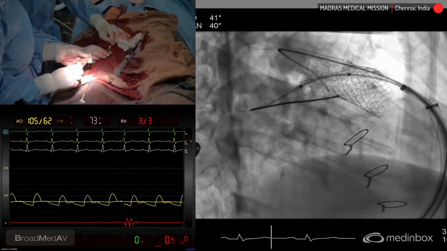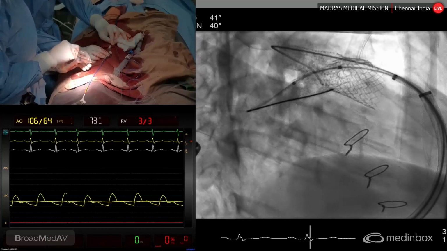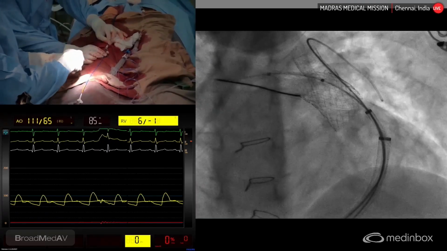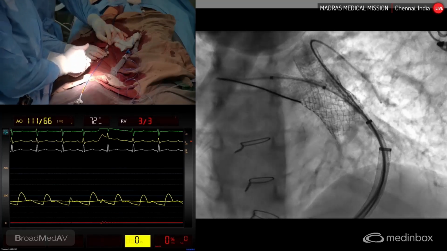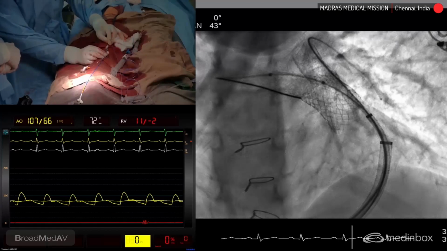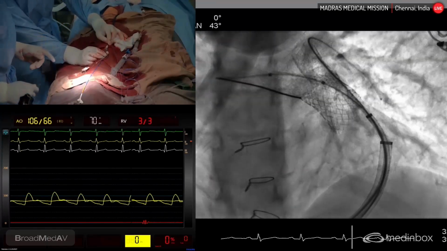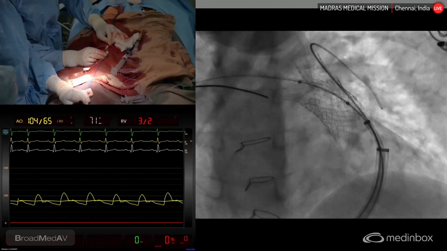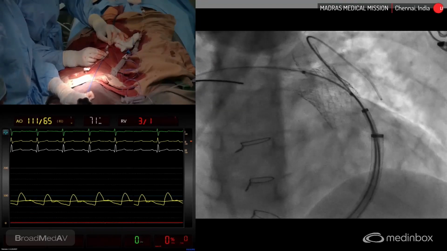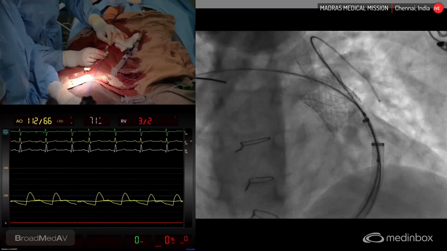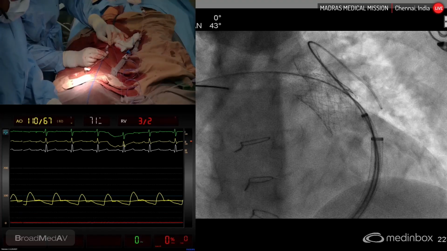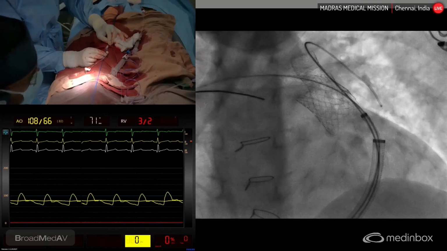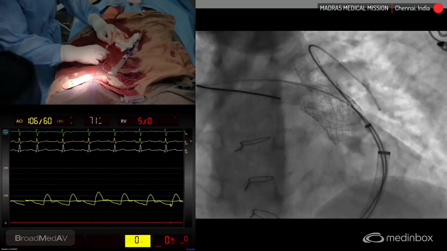Can we go to epicranial? Yeah. So there are two stents on either side. Let me take out this balloon now.